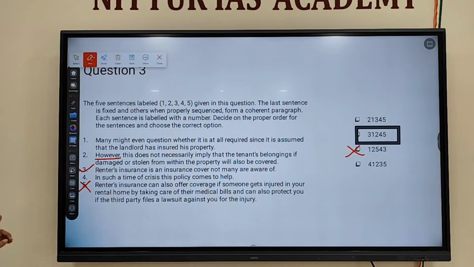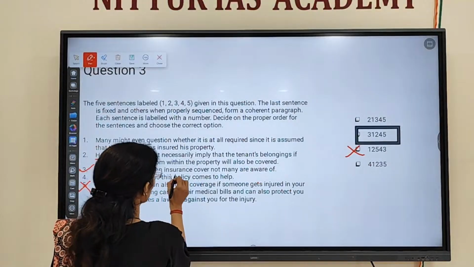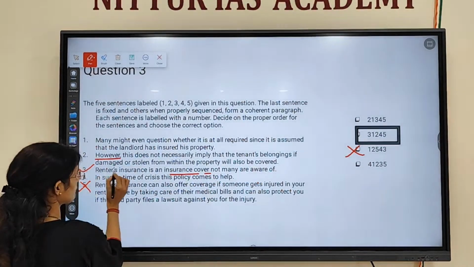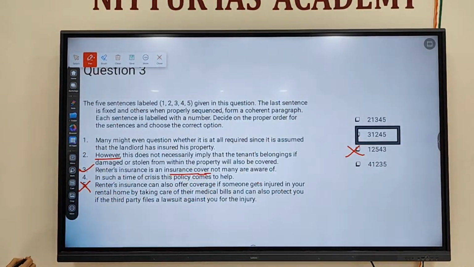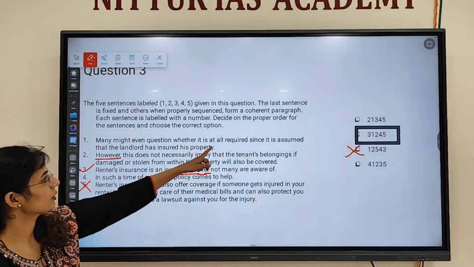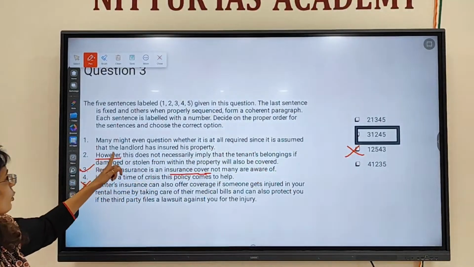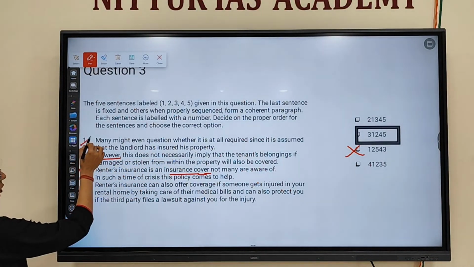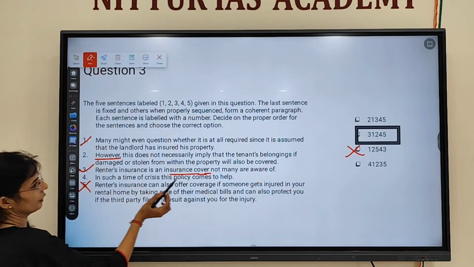After that, if we see the next possible options, this is talking about renter's insurance, which is an insurance cover. Many might even question whether it is required, since it is assumed that the landlord has insured his property. So many will assume that it is not required because the landlord has already insured his property.